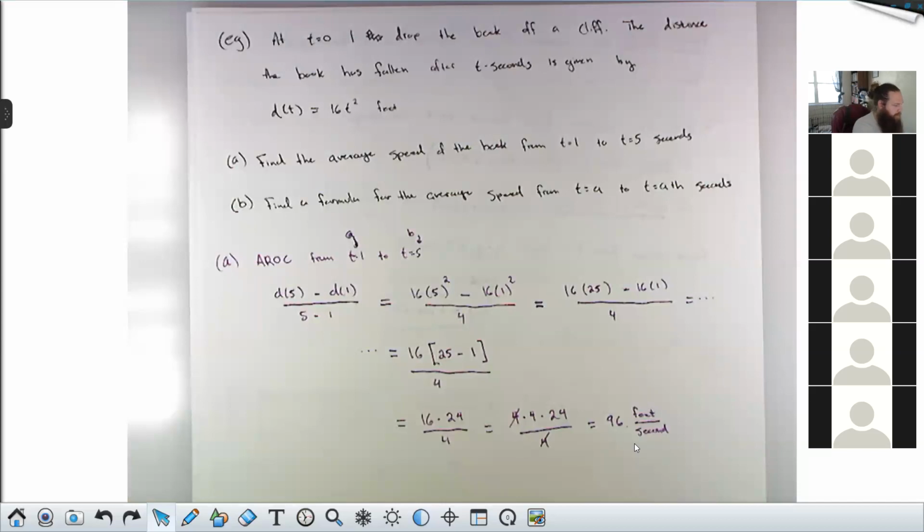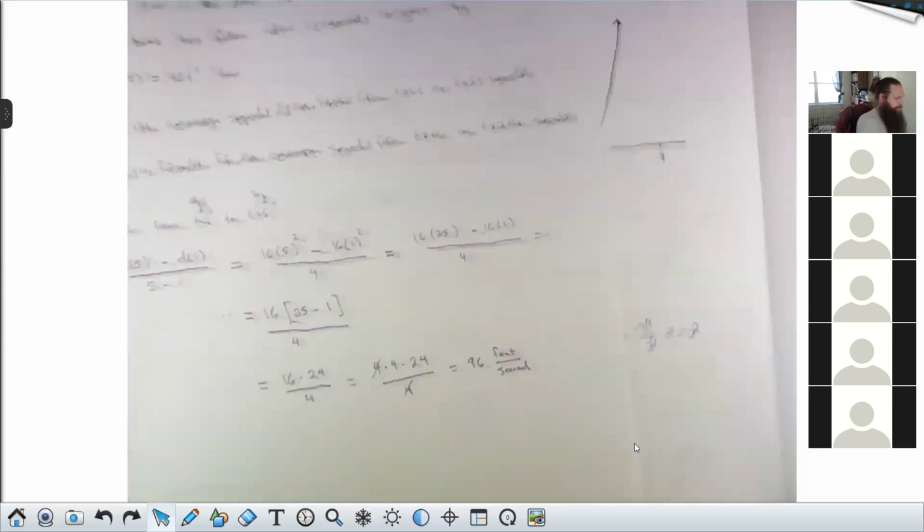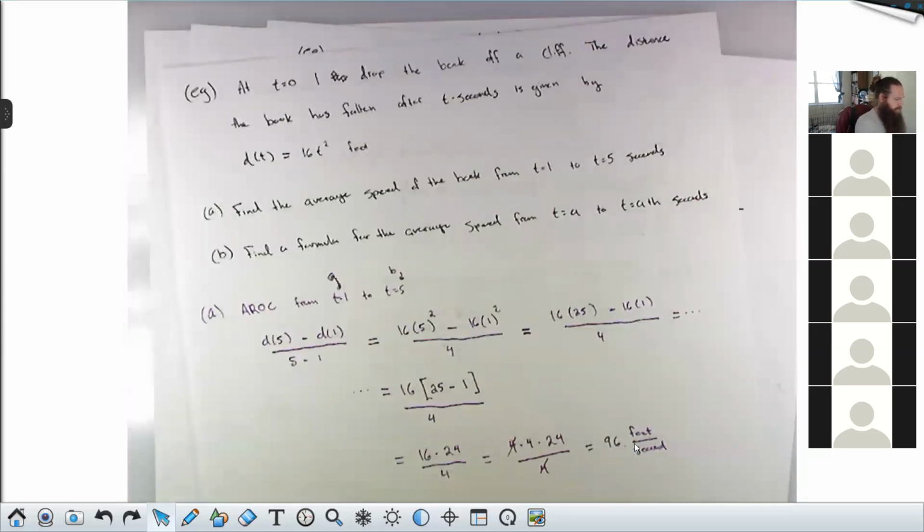Okay, part B is a little bit more challenging. So for part B, let me grab a fresh piece of paper here, a little more space for it.